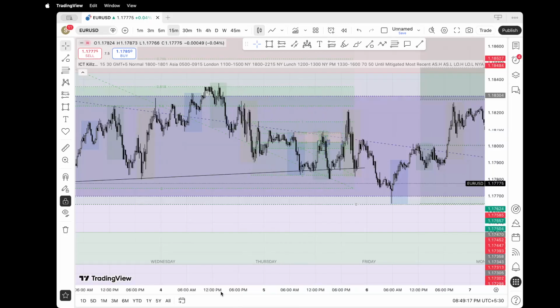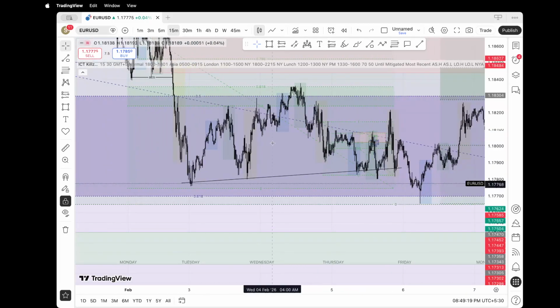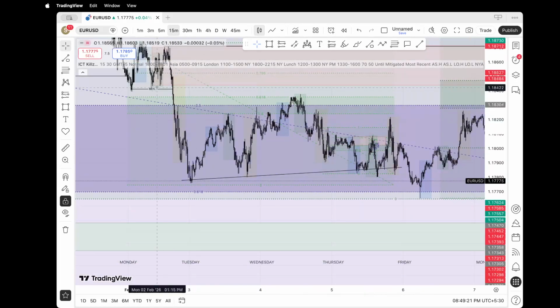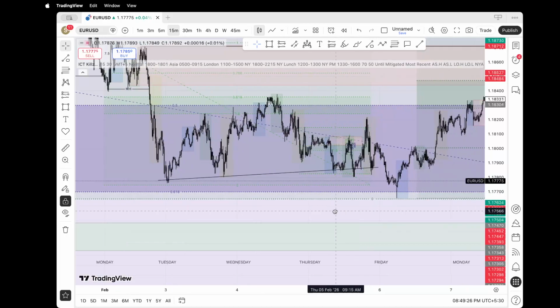Okay, got it. So it was an overall bearish trend, and it came up. It was not an ideal case scenario. It came up, it retraced to a good zone, and it was in a bearish trend again.